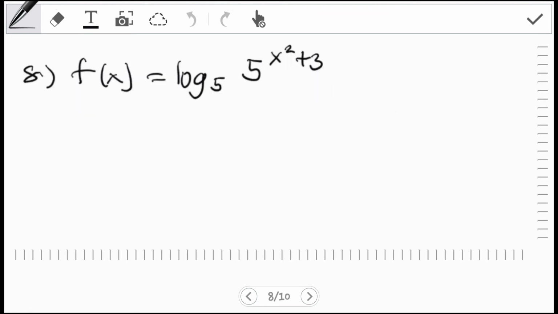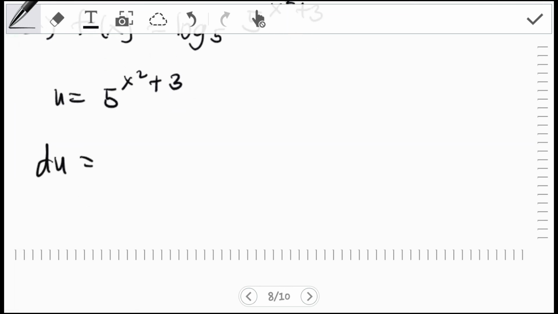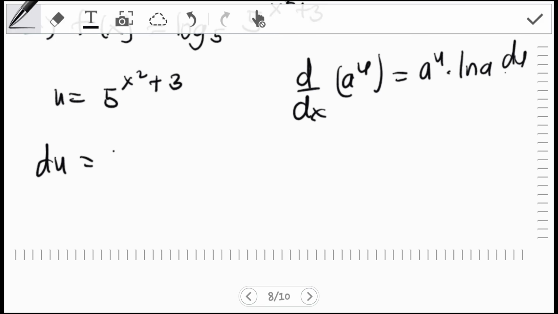The derivative of f of x is equal to log to the base 5 of 5 to the power x squared plus 3. Let u be equivalent to 5 to the power x squared plus 3. Again, this formula we apply: d over dx of a to the power u is a to the power u ln a du over dx.